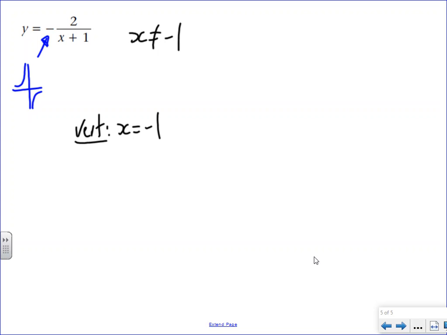And our horizontal asymptote is going to go through y equals 0. Again, just assuming that that's the case. And then let's just find one other point. Let's find the y-intercept. We'll find the y-intercept to be at negative 2 because we're just making x equals 0. So now that we have that, we have a few points and our vertical and horizontal asymptotes.